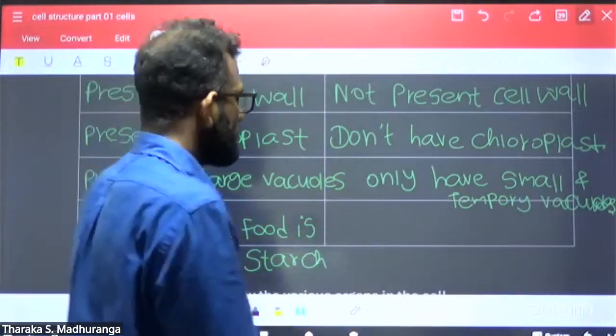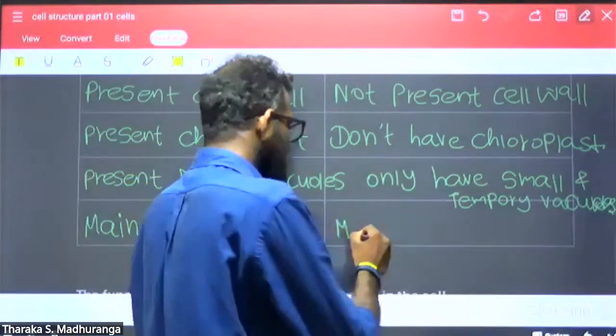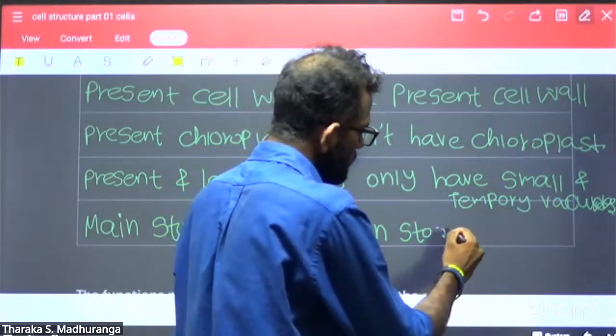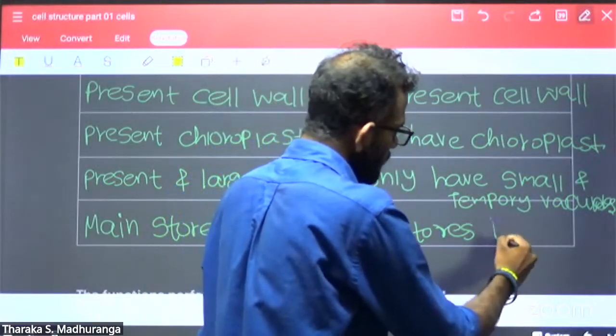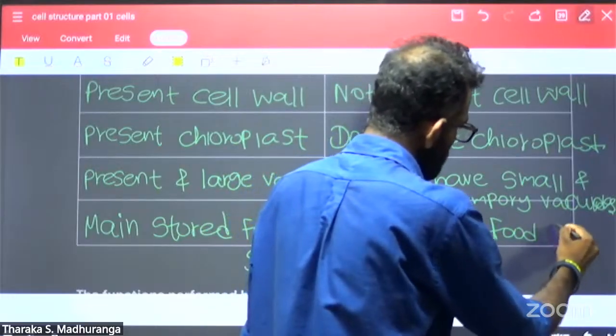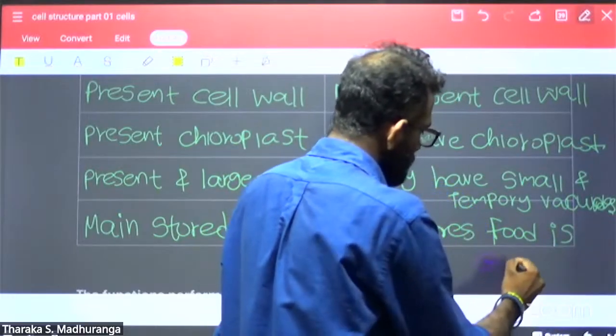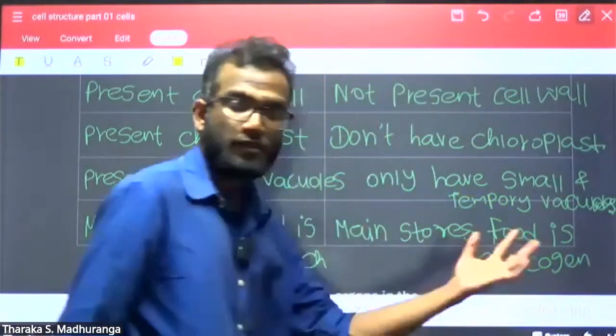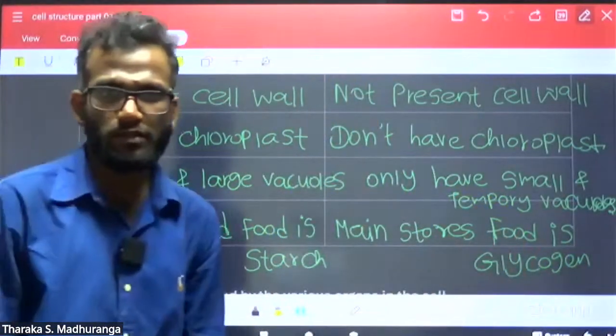In animal cells, the main stored food is glycogen. Okay, that we discussed in the cell structure lesson as well.